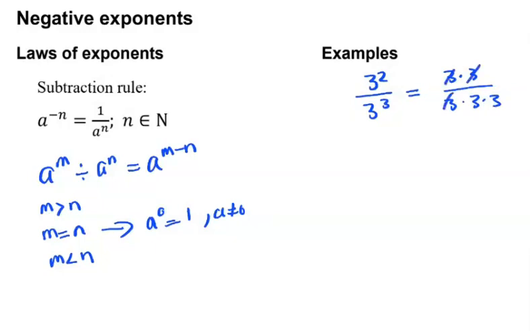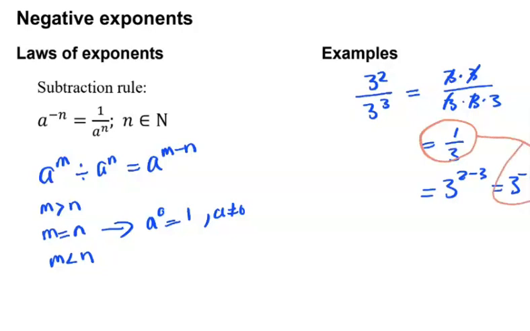If I now simplify, I will get the answer of 1 over 3, and if I use the rule, I will get 3 to the power of 2 minus 3, which is equal to 3 to the minus 1. Again, remember we said we cannot arrive at a different answer when we use a different method. It should be exactly the same.